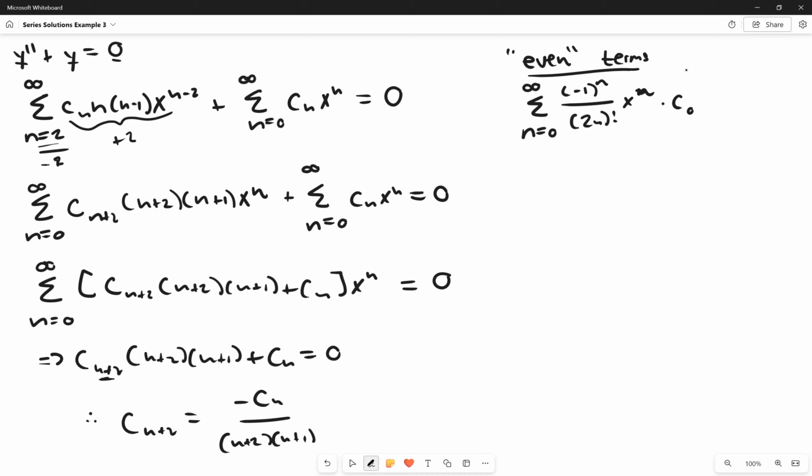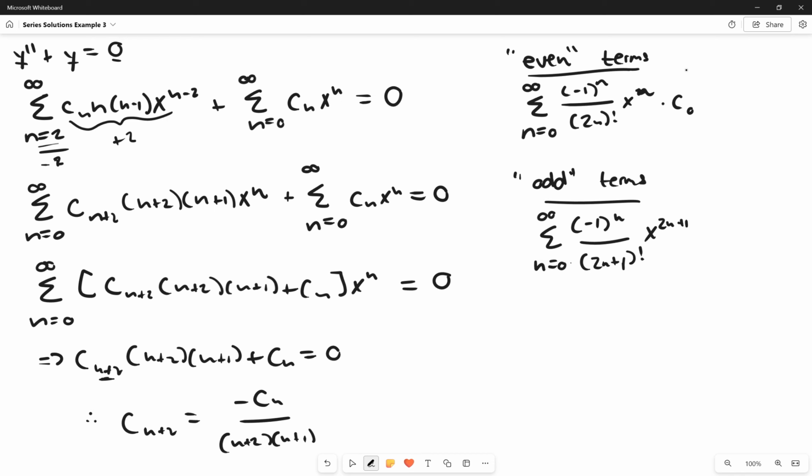And very, very similarly, the odd terms, again in scare quotes, are going to be represented by the series n equals 0 to infinity of negative 1 to the n over 2n plus 1 factorial times x to the 2n plus 1. This is supposed to be a 2n up here.